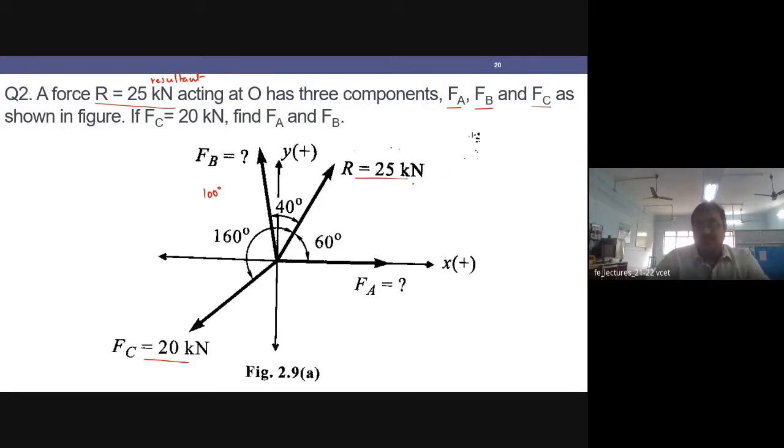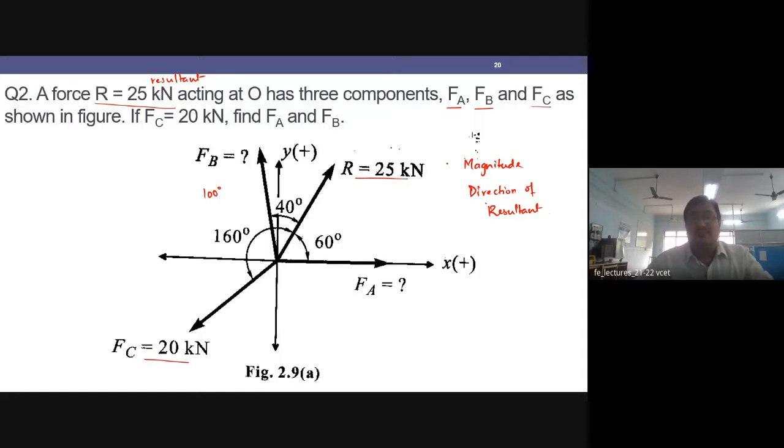Now, in the first question that we had solved, we knew the magnitudes of all the forces and the directions, and we had to find the magnitude and direction of the resultant. In the second problem we solved, we were given the forces and told that the resultant is acting along the vertical direction.